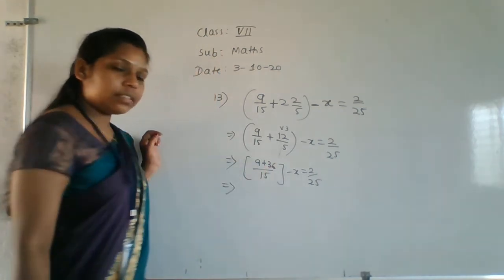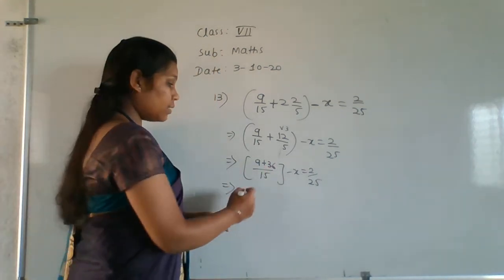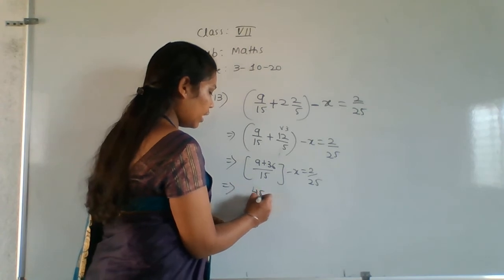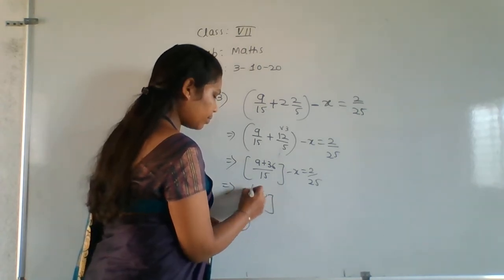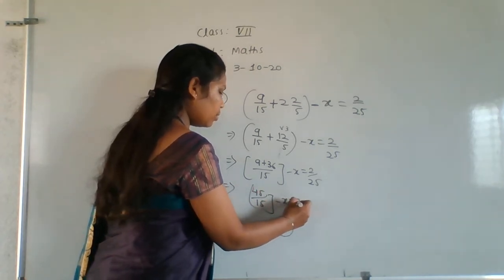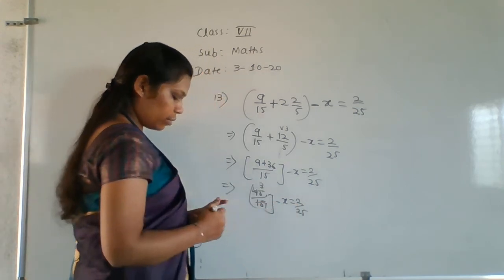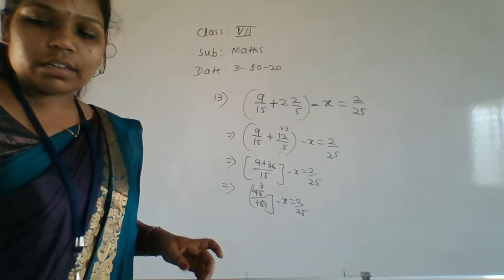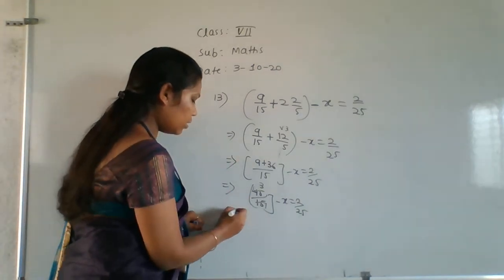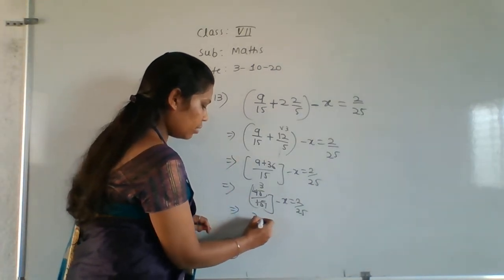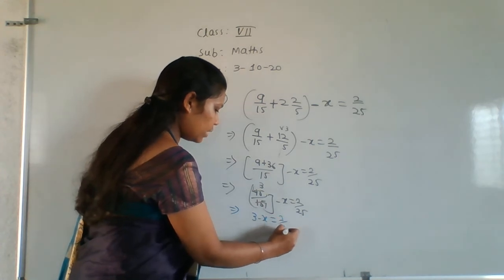Here 36 plus 9 is 45, divided by 15 is 3, minus x equals 2 by 25. So what is the value here? That is 3 minus x is equal to 2 by 25.